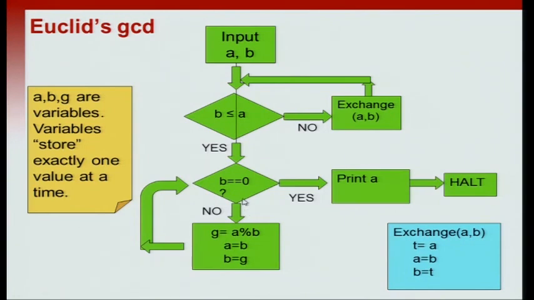If b is not 0, then we do the Euclidean equation. You take a modulo b, store it in a variable g, then assign the value of b to a and assign the value of g to b.